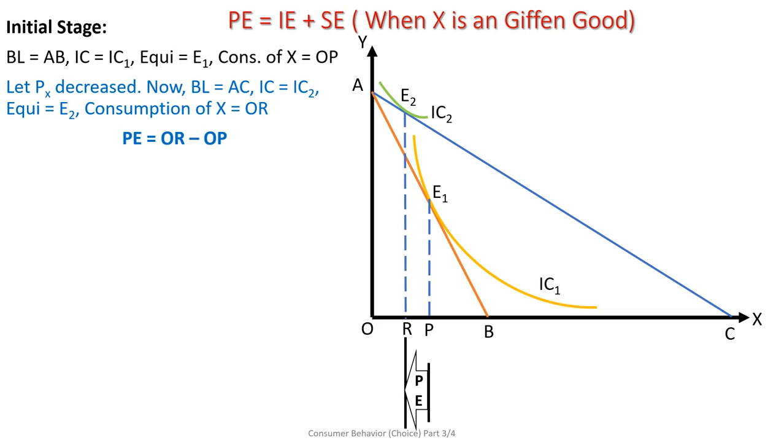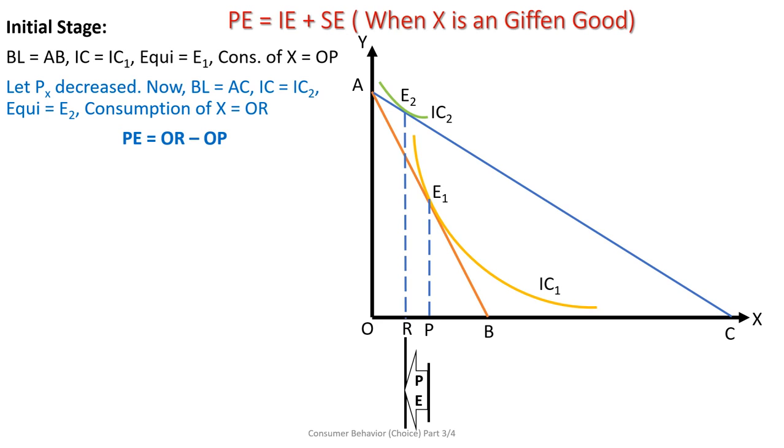Since X is an inferior commodity, a decrease in the price resulted in decreasing the quantity demanded of commodity X. Now let's break it down into income effect and substitution effect. First, let's assume that despite the decrease in the price, the real income is the same.